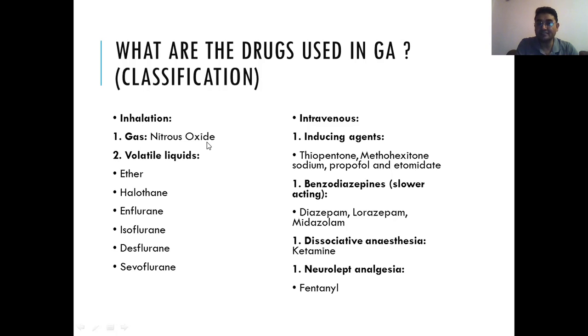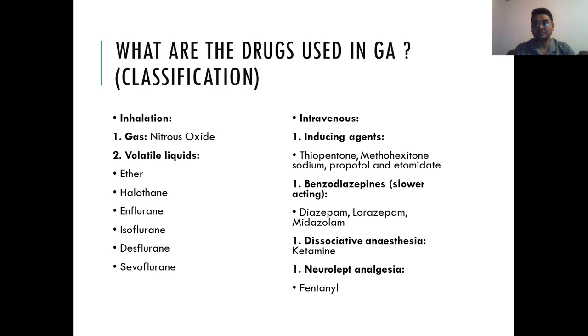Nitrous oxide is the only gas used as an inhaler anesthetic, and the liquids, which are vaporized during administration, are ether, halothane, enflurane, isoflurane, sevoflurane, and desflurane. Nowadays, in modern anesthesia, isoflurane is the most common one used by anesthesiologists.